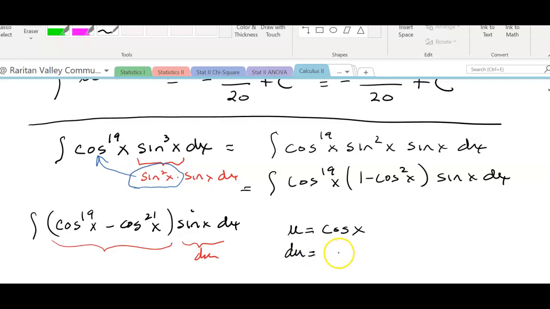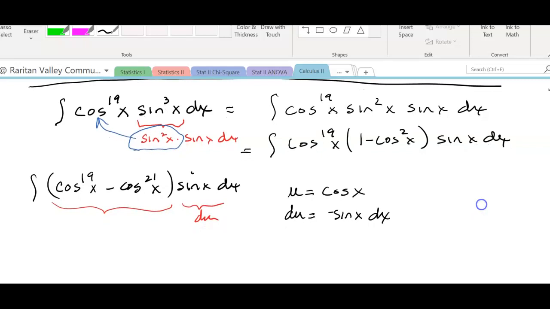du equals negative sine x dx. Try it. Oh, I forgot my negative.